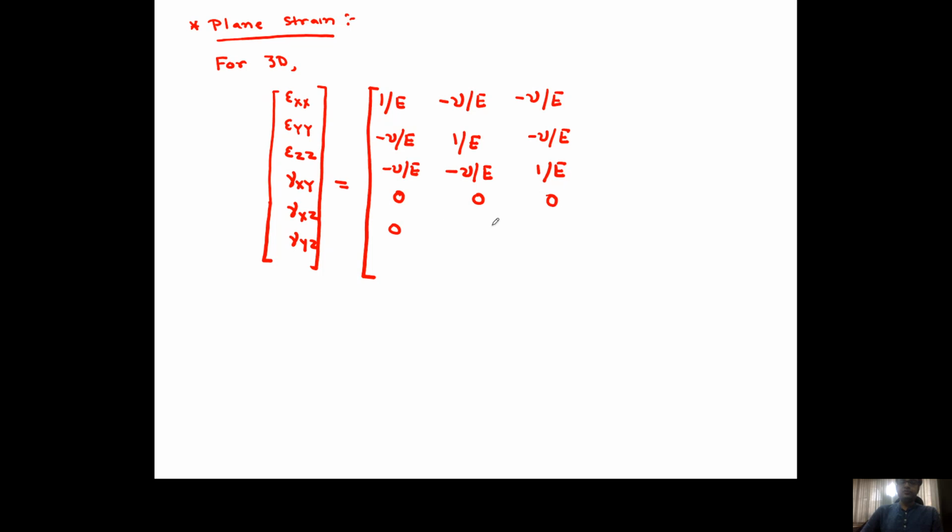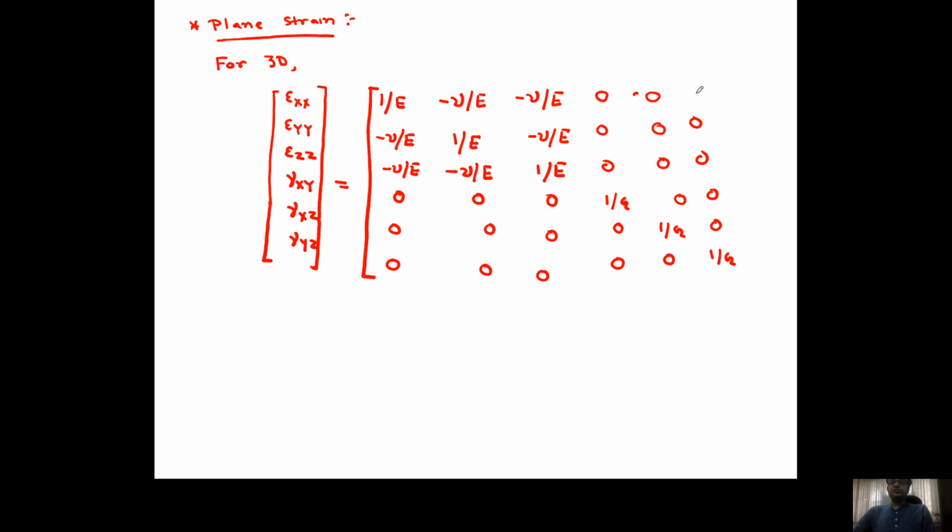and then on the diagonals you have 1 by G, 1 by G, and 1 by G. If you write it like this, this is your compliance matrix.